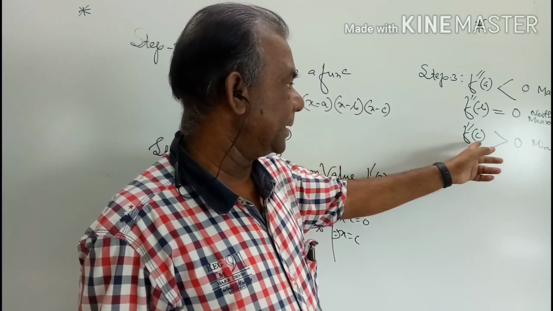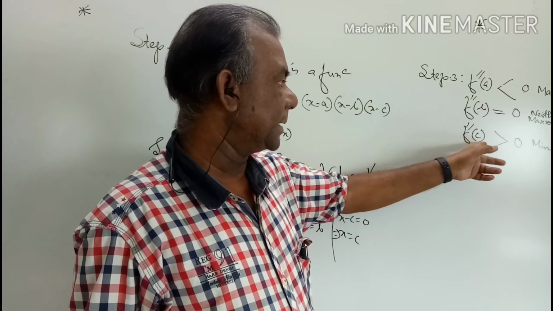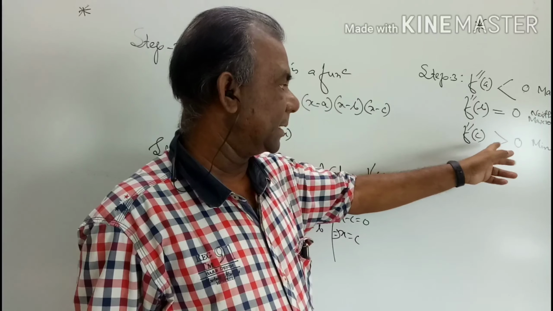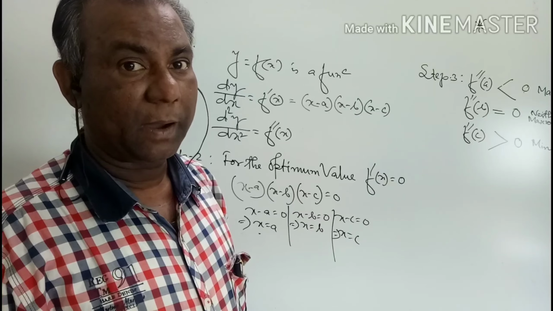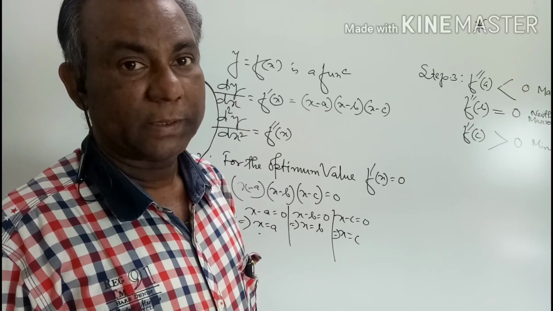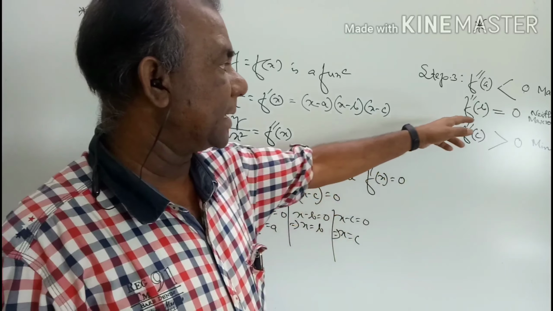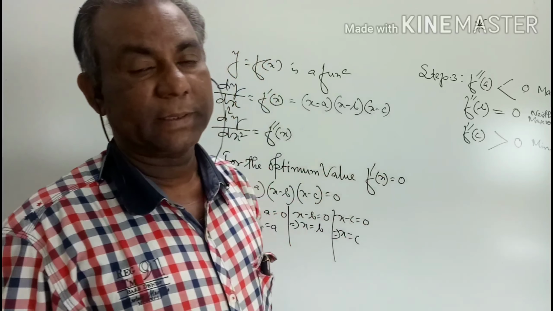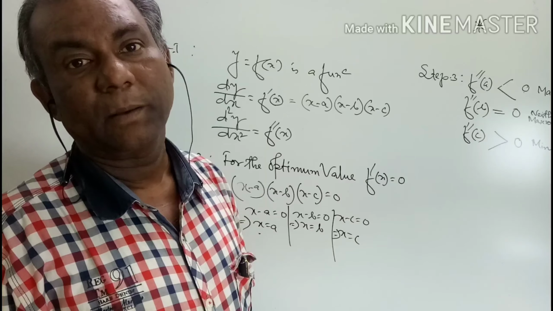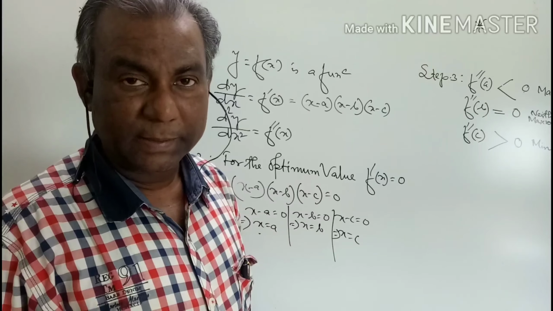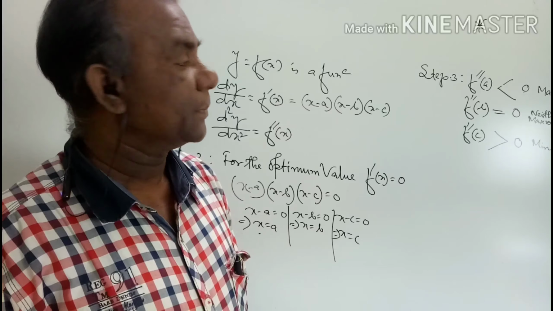If f double dash c is greater than 0, then the given function has a local minimum at x equal to c. And if it is equal to 0, then the given function has neither maxima nor minima.